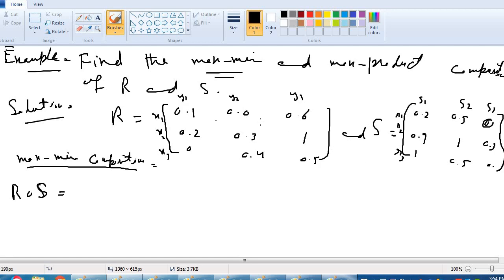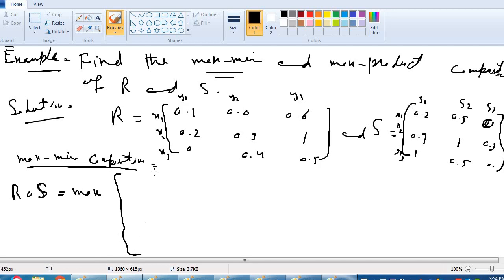So we will take the first row and take its minimum value with the first column. The max will be applied later.